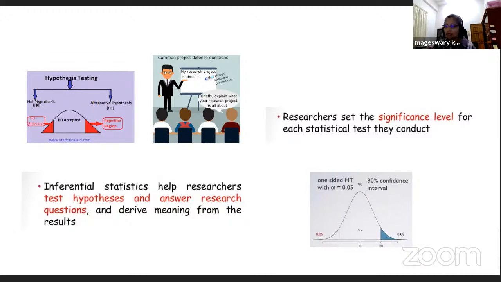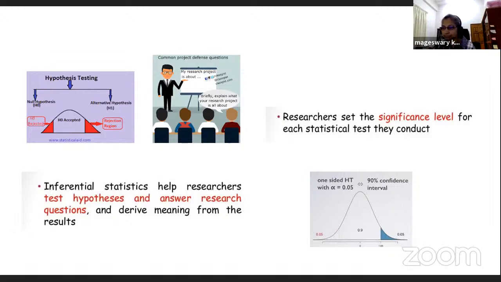The second thing, once you have your hypothesis, you need to decide the significant levels. Is it 0.05? Is it 0.001? Or is it 0.01? So 0.05 means 5 in 100, 95%. If it's 0.001, 1 in 1000. This is the criteria that differentiates between descriptive and inferential statistic.